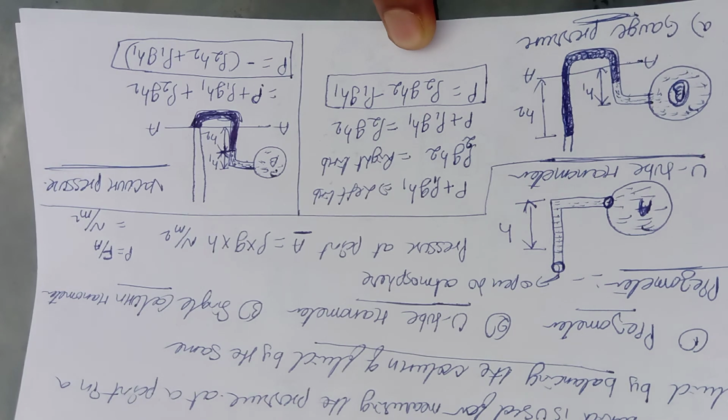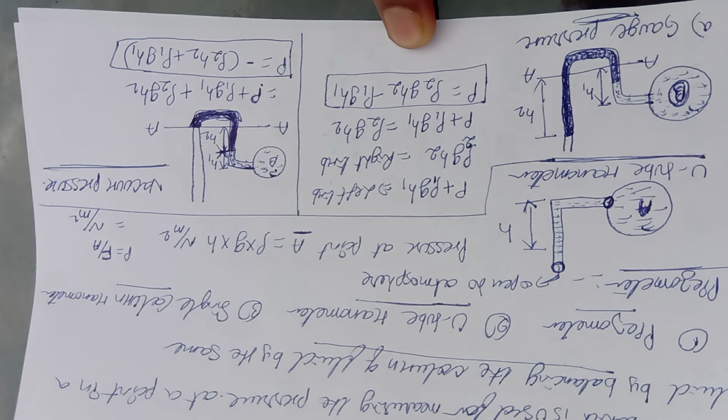Also remember that density rho 1 is specific gravity into 1000 for liquid. If you have more doubt about what is density, specific gravity, and specific weight, please go back to my previous video where I have discussed them in detail.